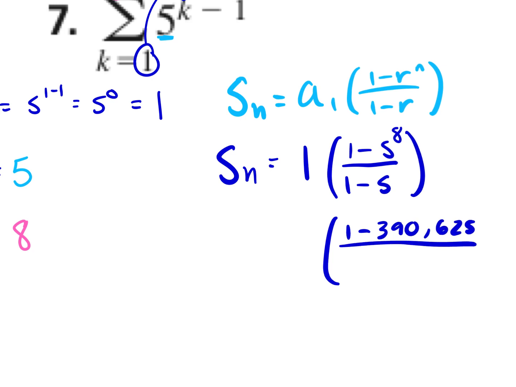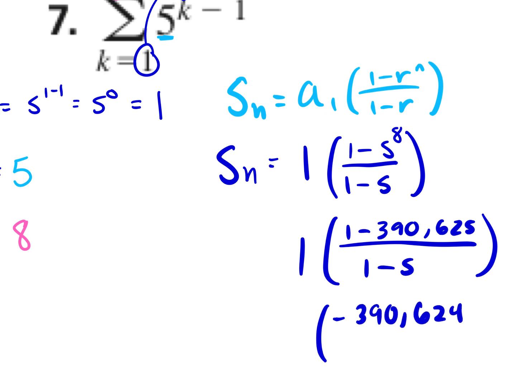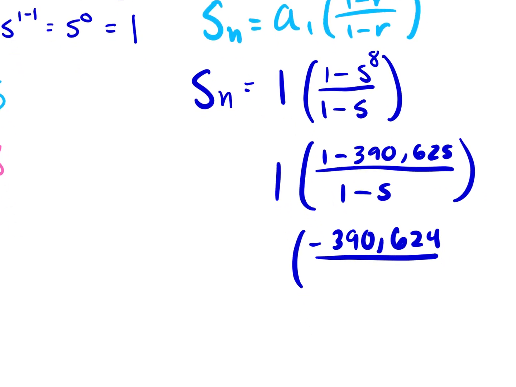So I'm going to do 1 minus 5 to the power of 8, which would be 390,625. So 1 minus 390,625 would be negative 390,624, divided by, what's 1 minus 5? Negative 4.